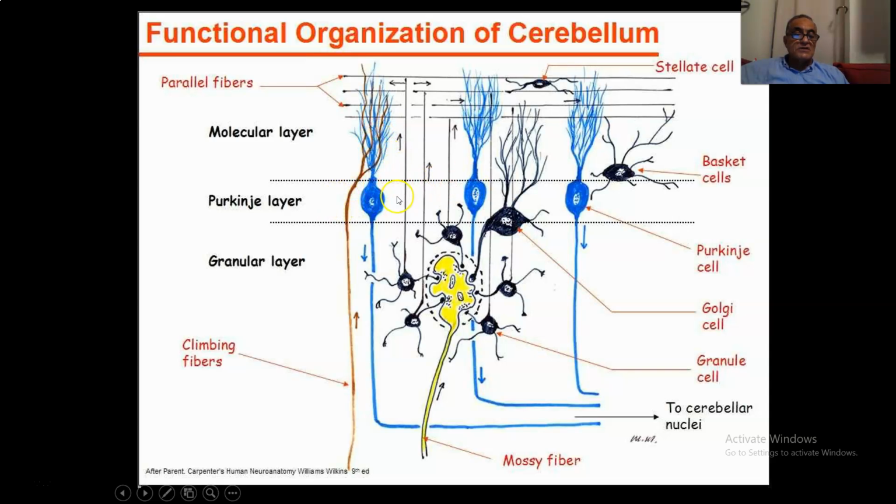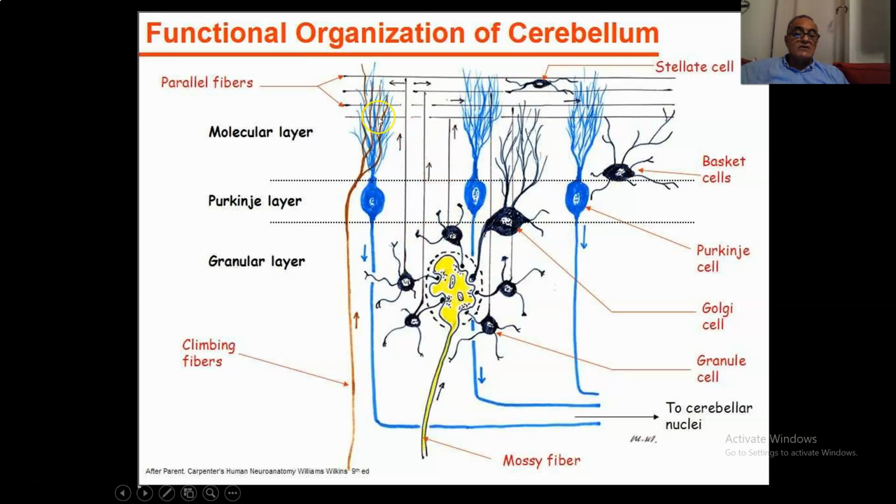Start with the Purkinje layer. It contains the Purkinje cells. The Purkinje cells are very important cells because they transmit information from the cerebellar cortex to the cerebellar nuclei, mainly the dentate nucleus. So the Purkinje layer is the layer in the middle.